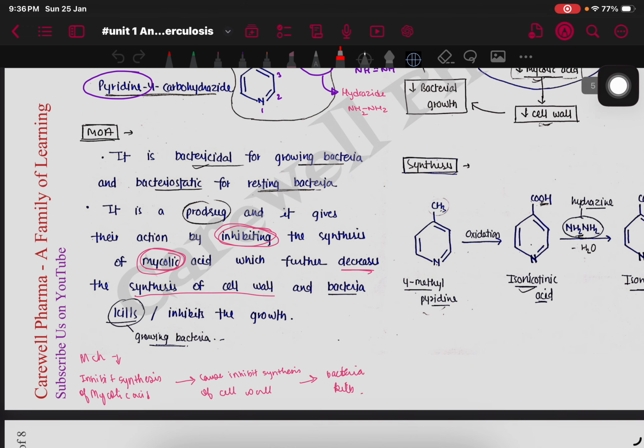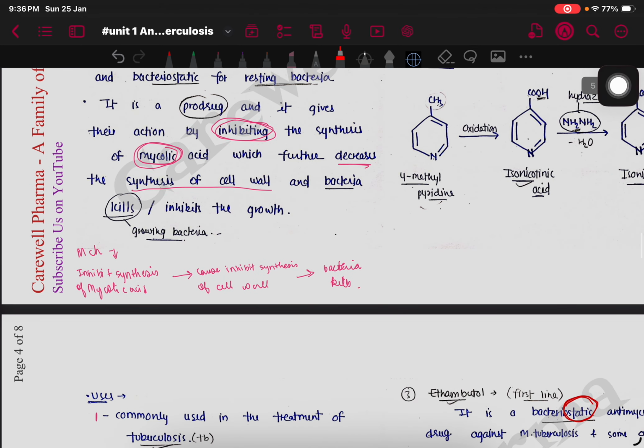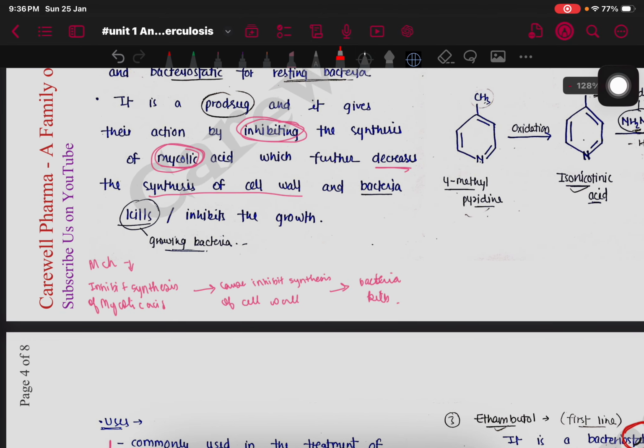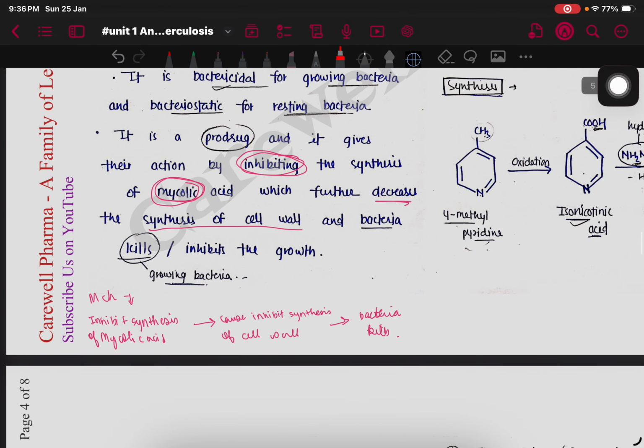So we are talking about the isoniazid mechanism of action. It inhibits the synthesis of mycolic acid, which further decreases the synthesis of the cell wall, and the bacteria is killed or inhibited. The cell wall maintains the pressure between the outside and inside environment, and if the cell wall breaks down or cannot be synthesized, it will cause damage.